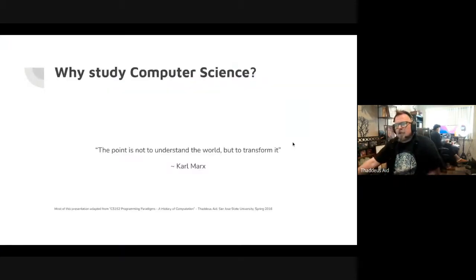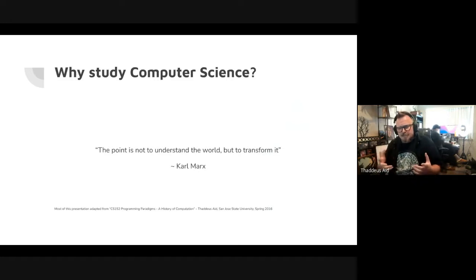So why do we even care? Why are we studying computer science? Fundamentally, with a quick quote from Marx, the point is not to understand the world. The point is to transform it. And this is, I think, one of the great powers of computer science. Compared to some of the other sciences, and with no disrespect to the other sciences, the geologists aren't out there producing new rocks.